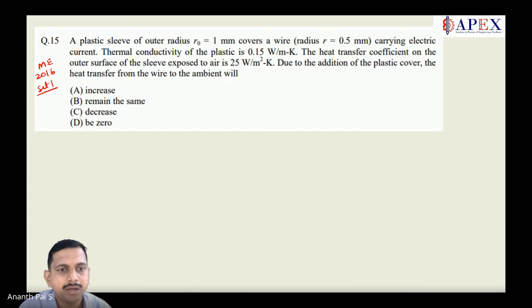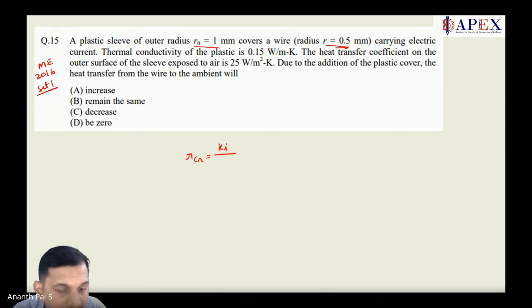So what is happening here? We have to find what the critical radius is. A plastic sleeve of outer radius R0 equal to 1 mm covers the wire.